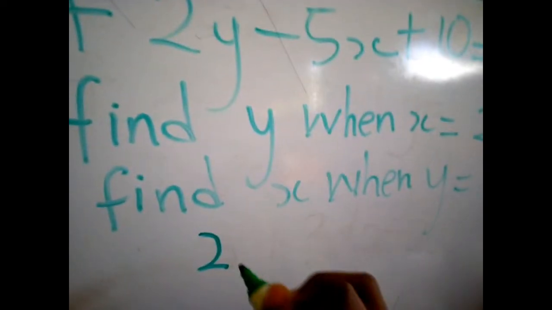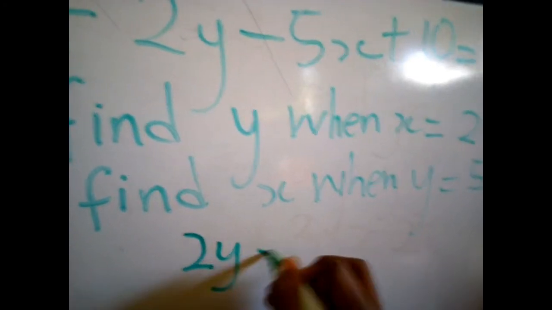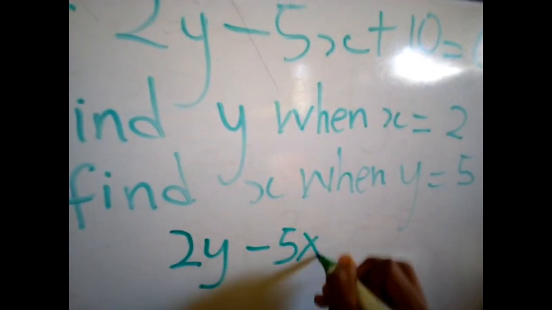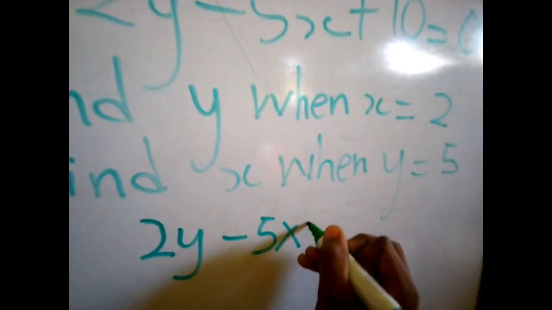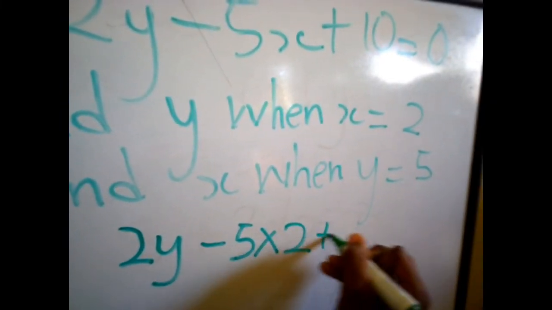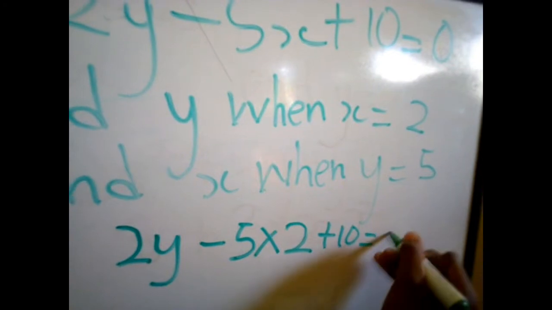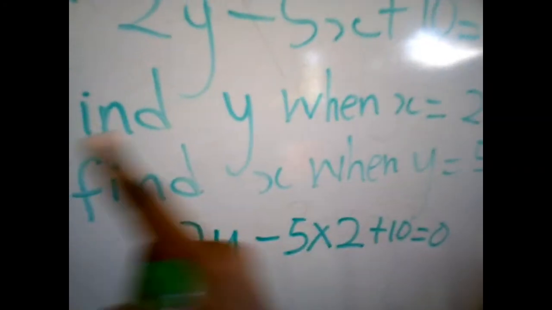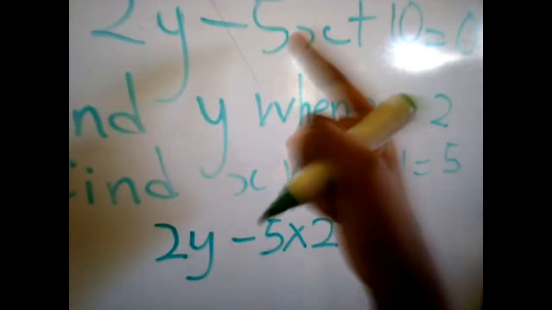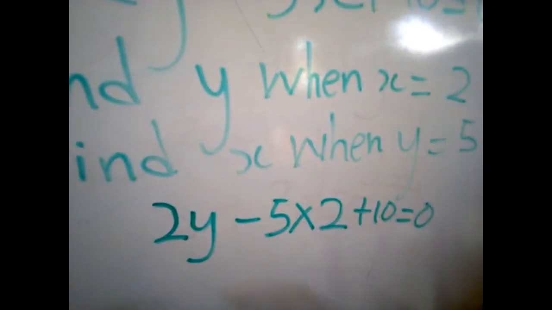So 2y minus 5 times x, and x is 2, plus 10 equals 0. That's the question here. They've given you x, which is 2, then they say find y when x is 2. So now use this to find y.